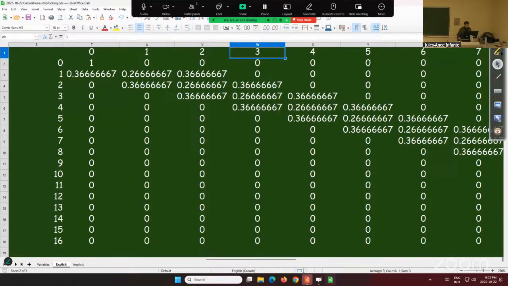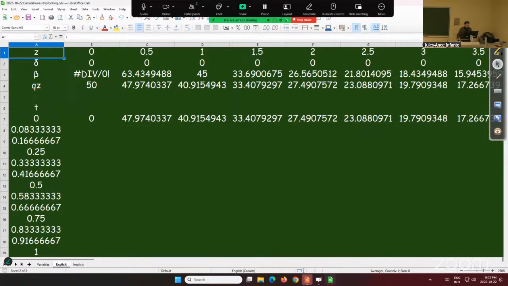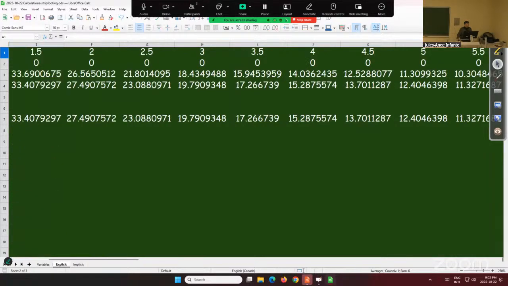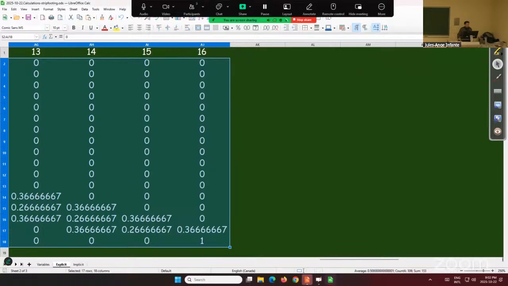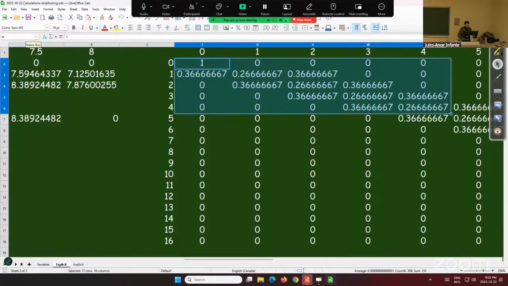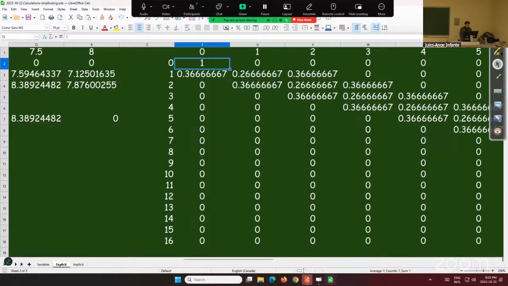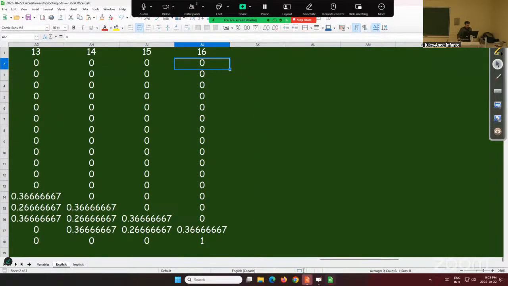Tri-diagonal. And that is how we now redefine. We said that this would be n. Say it's going to be AJ. 18.